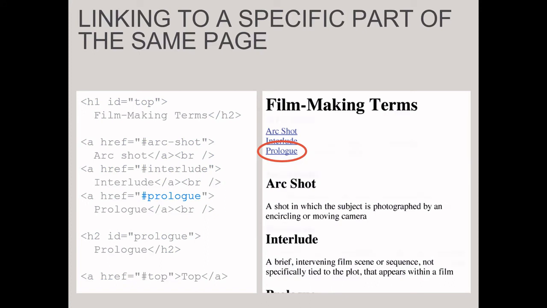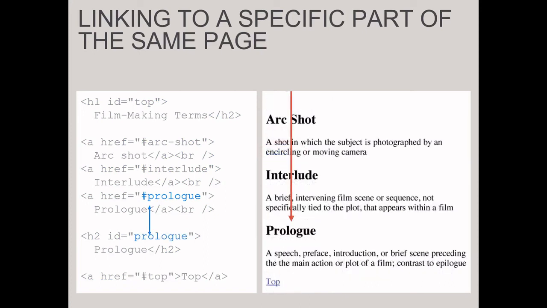So that's right here. Now the attribute called ID, and this is the value that matches the name here. Whenever we see a hash, we know that we're talking about an ID. So this link, when you click on it, will take you to this tag.